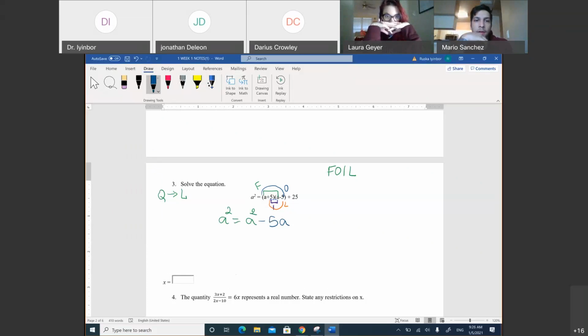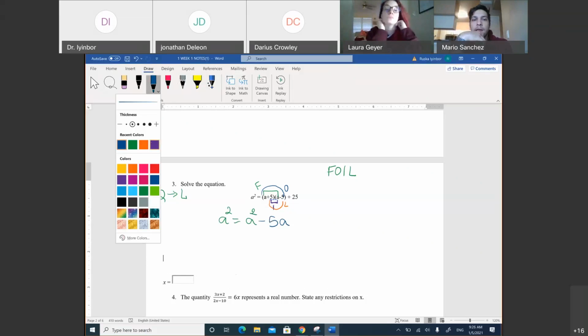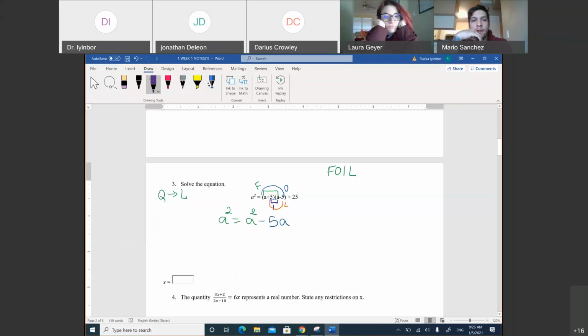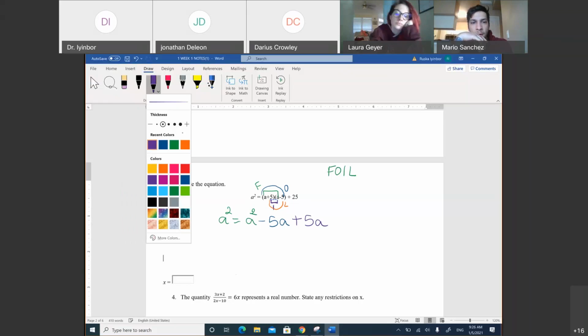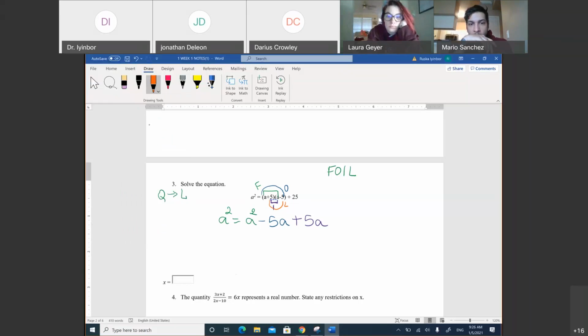Then you're going to do I, which is the inside, so multiplying 5 times a is plus 5a. And then the last, multiplying 5 times negative 5 is negative 25. And then I have plus 25 in the end, so I'm just going to copy that. So this is what I get.